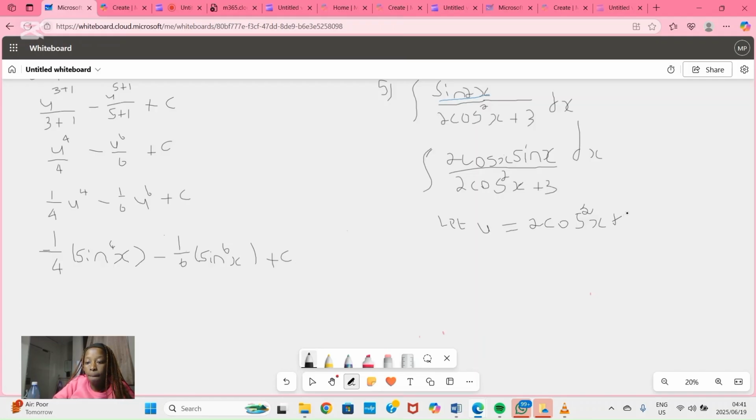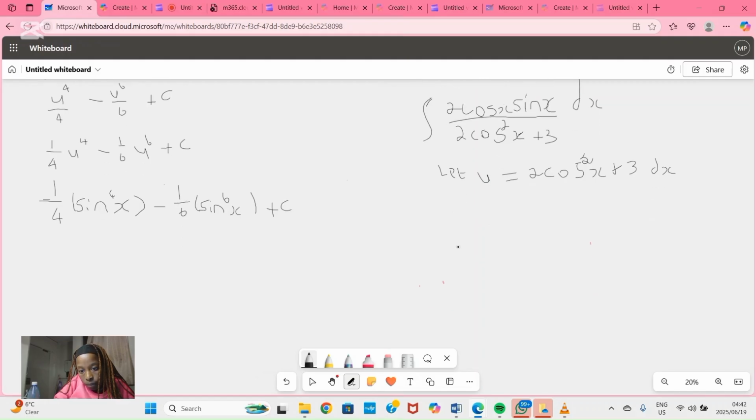So differentiating this, we're going to have our du as, we're going to take the exponent and bring it down, then we'll have 4 cos x.